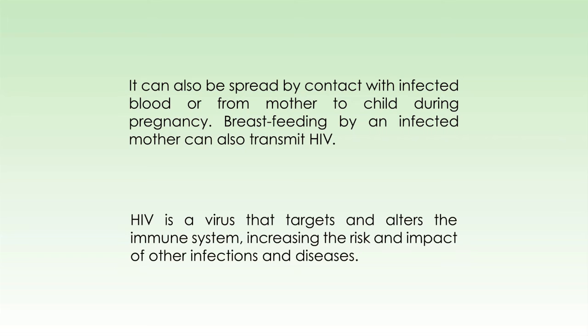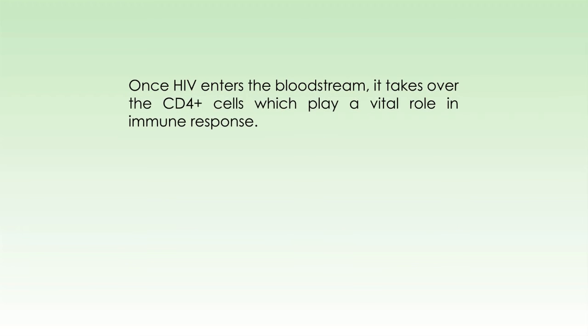So HIV is a virus that targets and alters the immune system, increasing the risk and impact of other infections and diseases. Once HIV enters the bloodstream, it takes over the CD4 plus cells, which play a vital role in immune response.